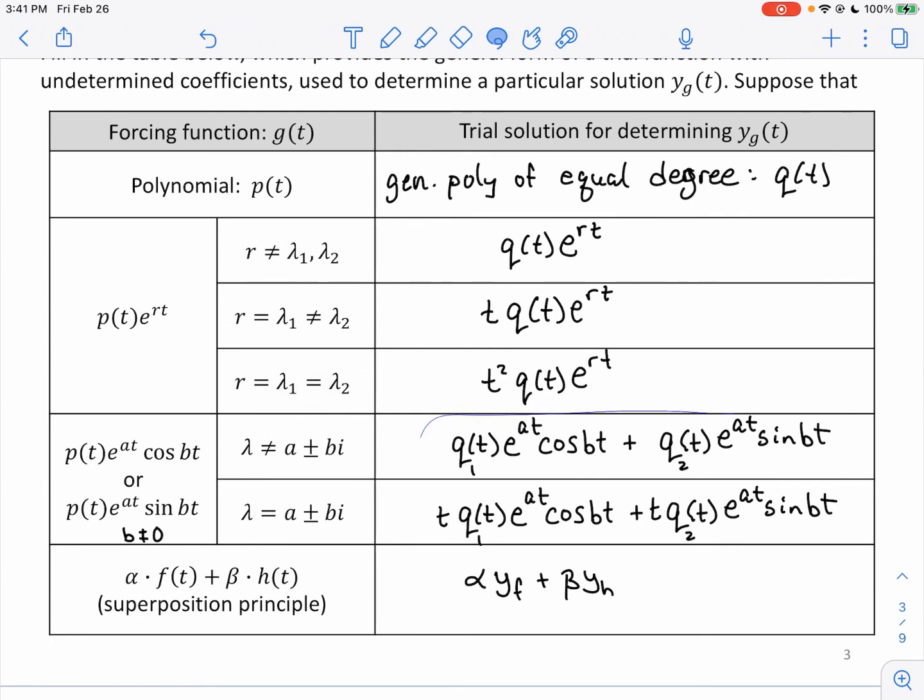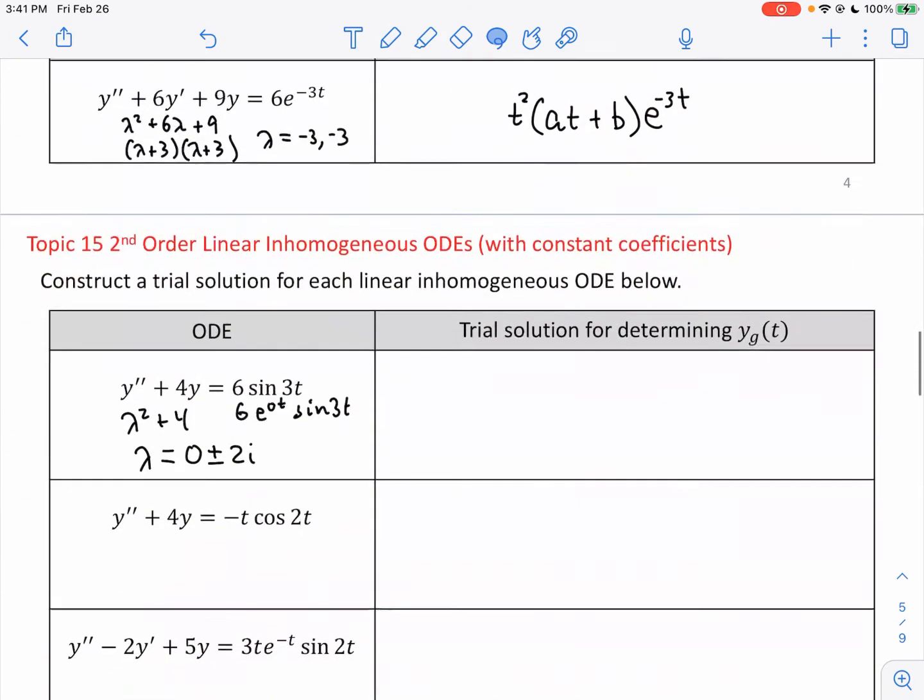So we are going to use this row with the a's are 0, so these e to the at's will not be there, but the b's will be 3's. It'll match the 3 that was here in front of our sine. And then we got to look at our polynomial in front. The polynomial is a 0 degree, so I got to make sure I put arbitrary 0-degree polynomials in front of each of these. Okay, so what is that going to look like?